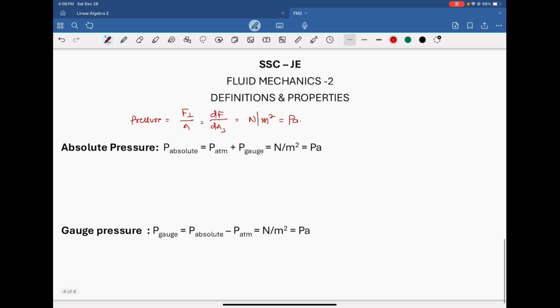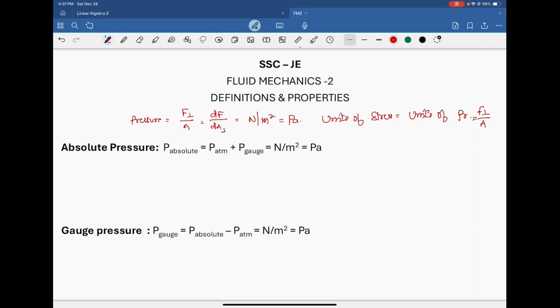And the same units of stress are units of pressure. Force by area is stress, and normal force by area is pressure also.